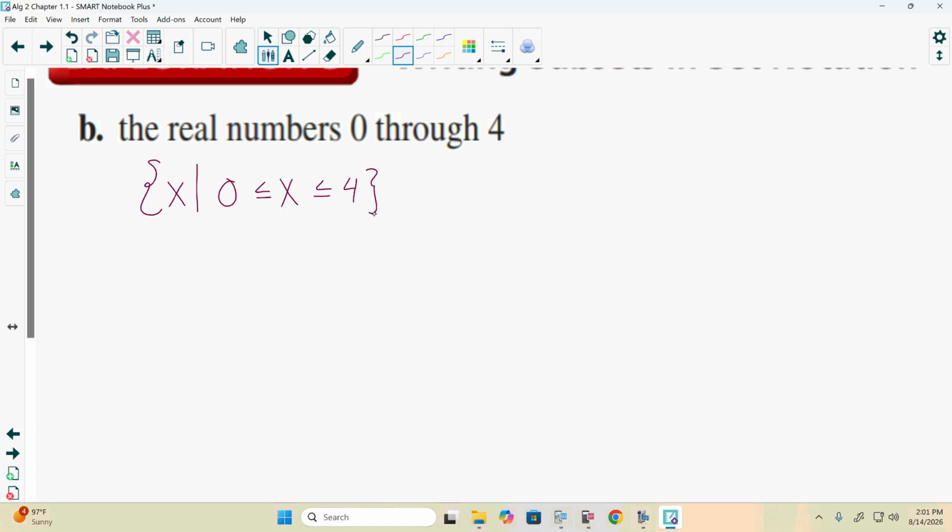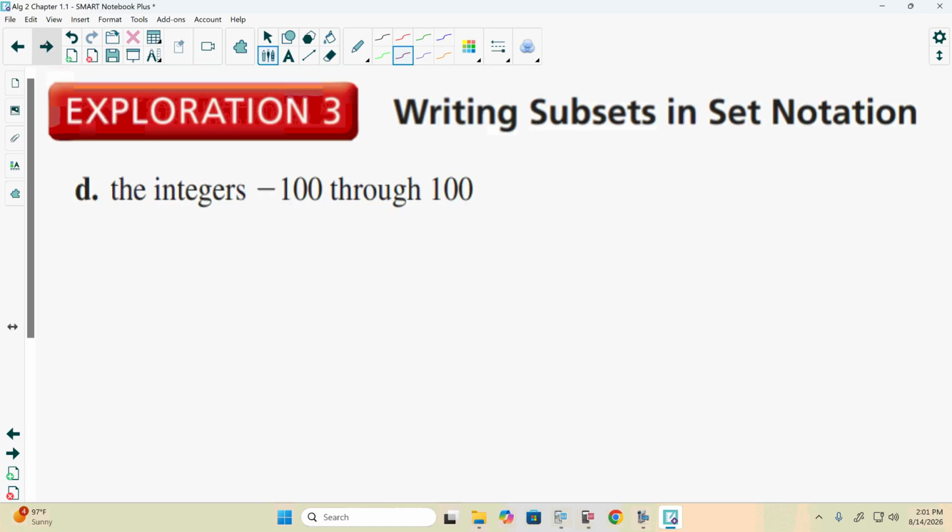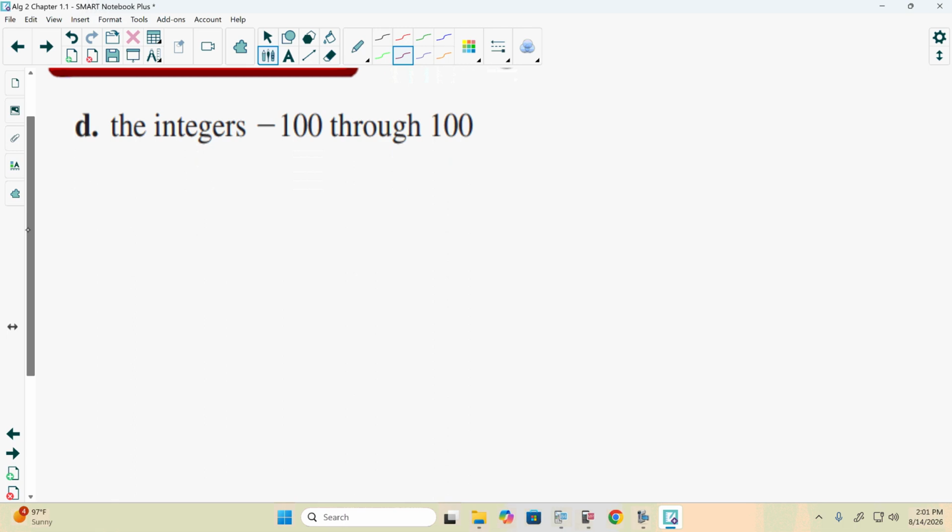Questions on this here? The integers negative 100 through 100. Well, we could try doing this, yes? Negative 100, negative 99, negative 98, negative 97. Do we really want to keep going too far after this? But have I set a pattern? So we can go dot, dot, dot, yes? Because that pattern continues indefinitely.